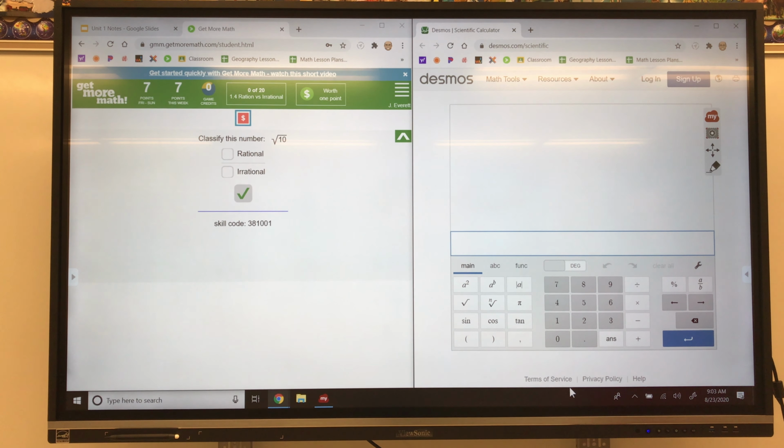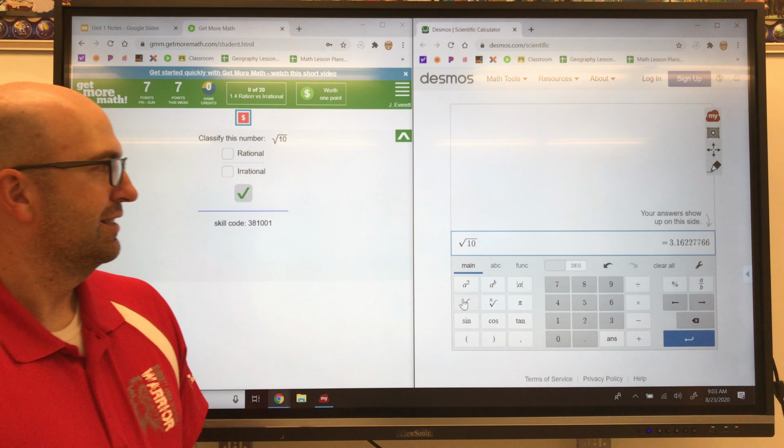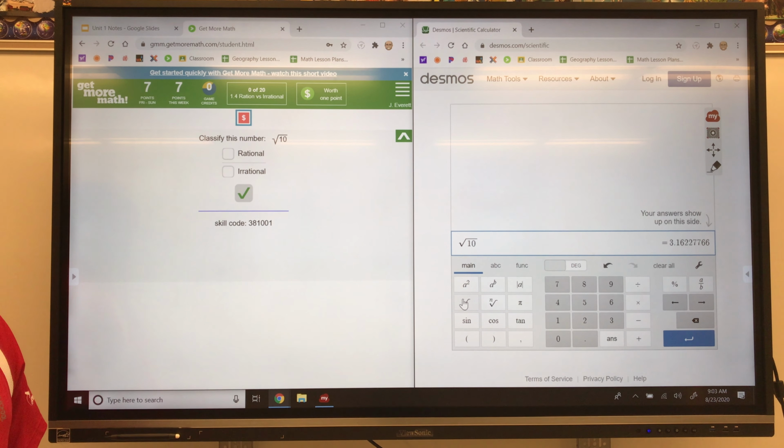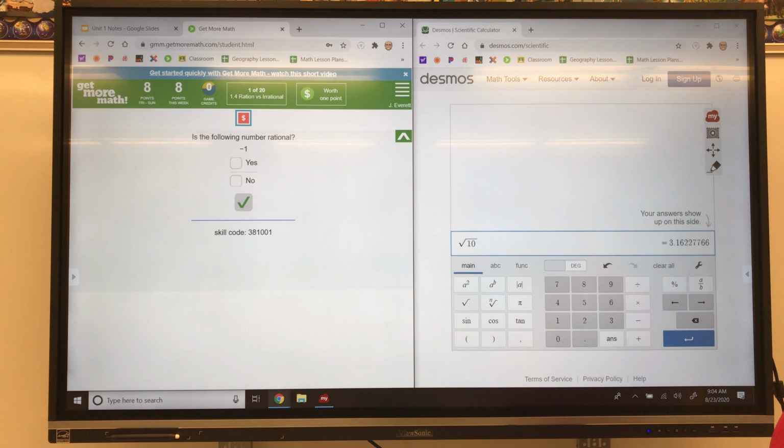And it says 3.16227766. You have a lot of decimal places there. So we're going to say that that is irrational, because it goes a lot of decimal places. The calculator's not going to go on forever. So if you have a bunch of decimal places after it, it's likely going to be an irrational number.